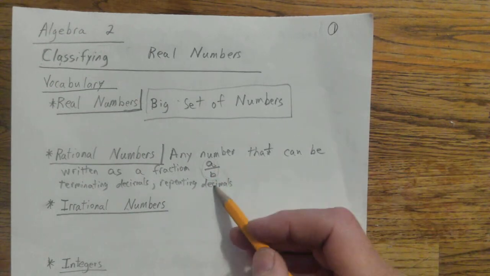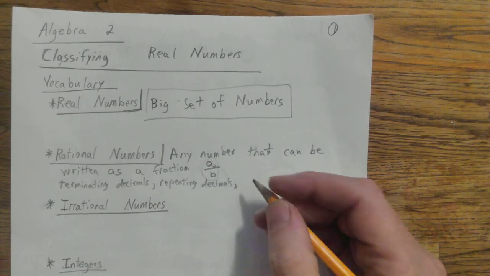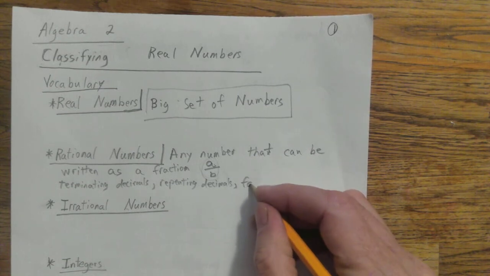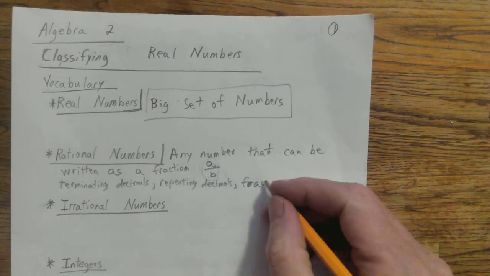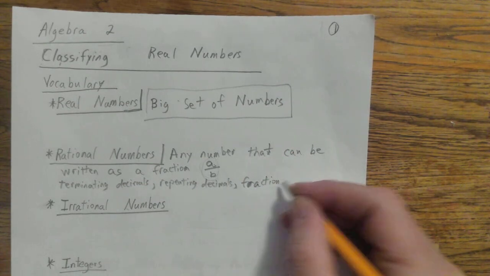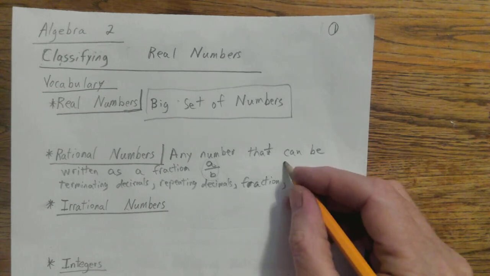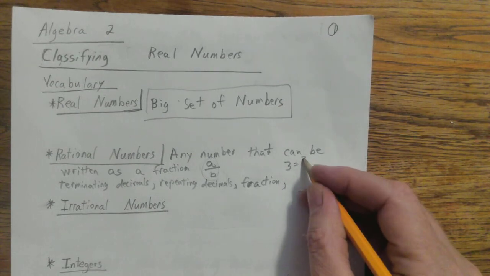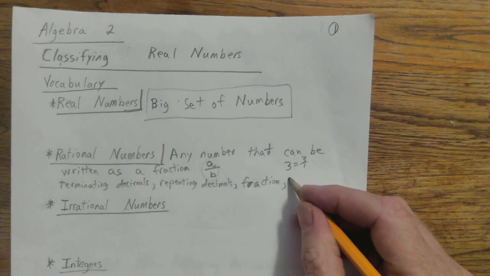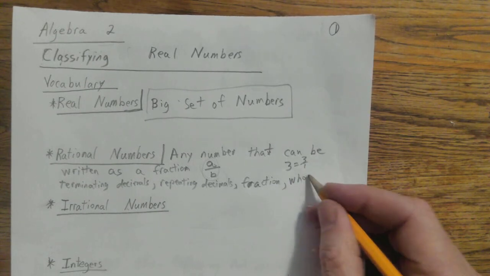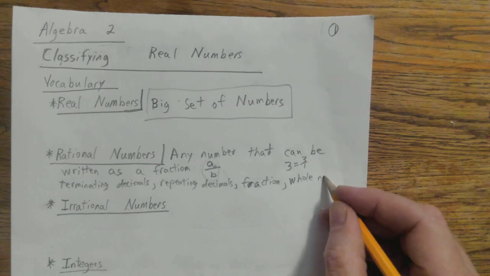We can find that fraction that would equal that repeating decimal. So obviously all fractions then, any number that can be written as a fraction. And if you think about it, like 3 is equal to 3 over 1. That's a fraction. 3 over 1 is a fraction. So all whole numbers as well.